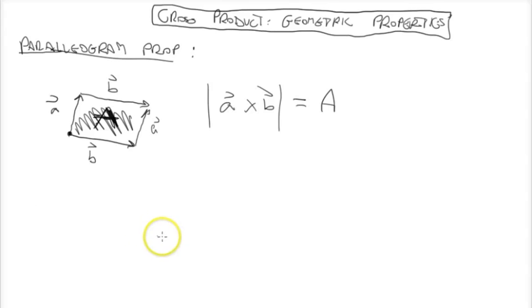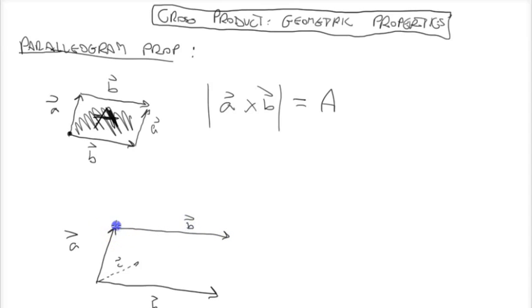However, what it states is if we have three vectors, A, B, and C, and we make a parallelepiped out of them, so we have our A, we've got our B, and we've got our C coming out here, and we make our parallelepiped, with the matching copies of each vector on the opposite edges, you can see where this is going.